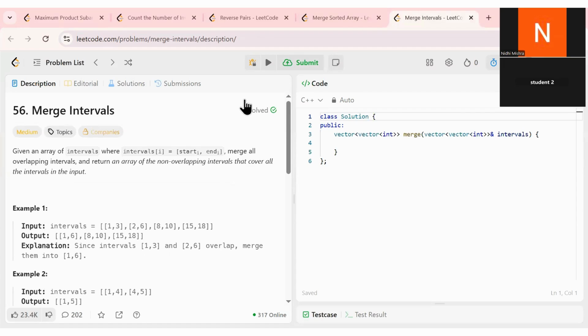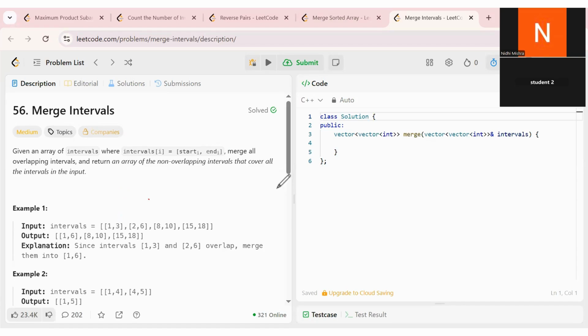What is an interval? An interval is a range of values. Now, this is an interval. It means from 1 to 3, starting from 1, 2, 3. Yes. Means starting from this, ending to this, all the values are included. Next, continue, please.